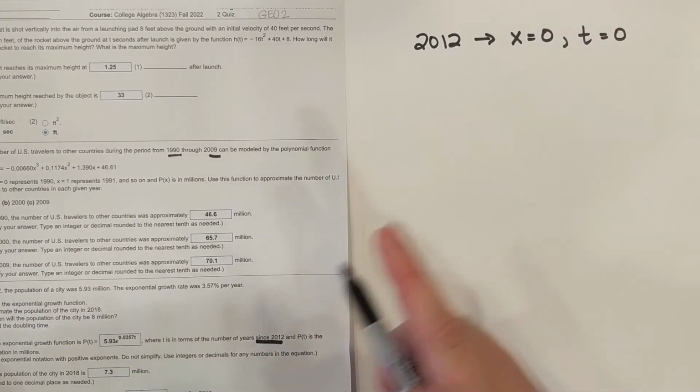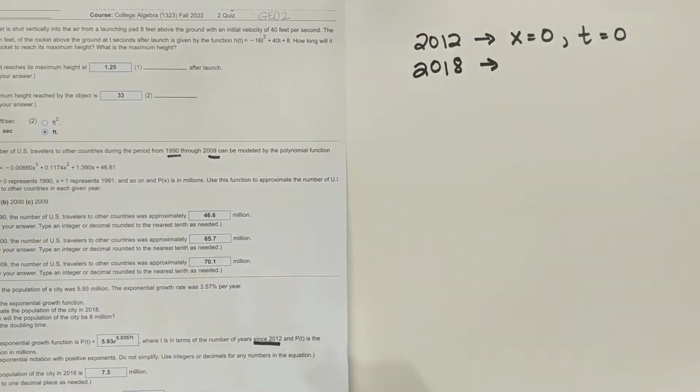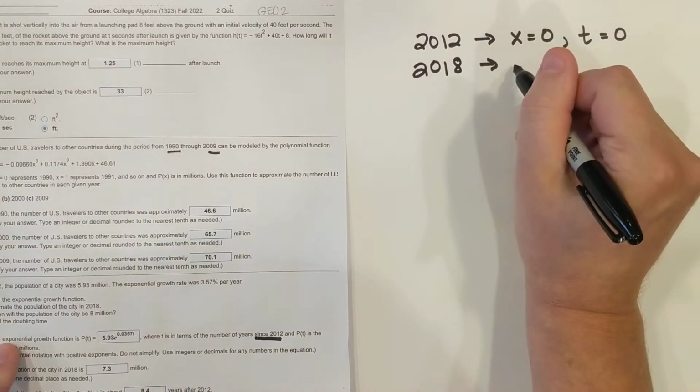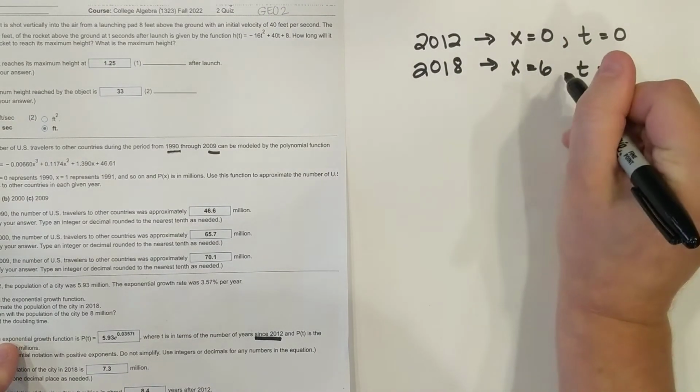So, and this one, what about 2018? Well, how many years from 2012 to 2018? Is that 6 years? I think so. So we're looking at x equals 6, which would mean t is 6.